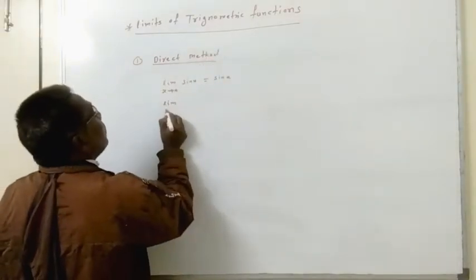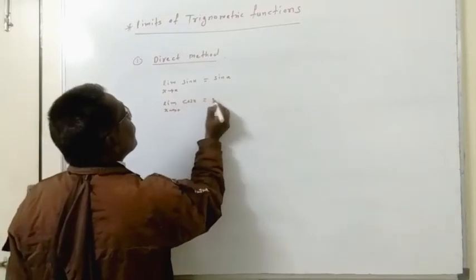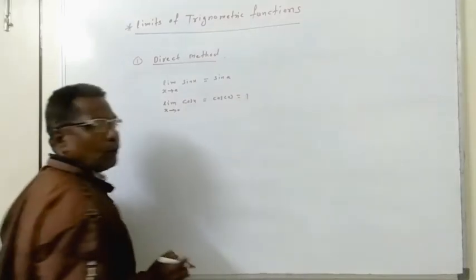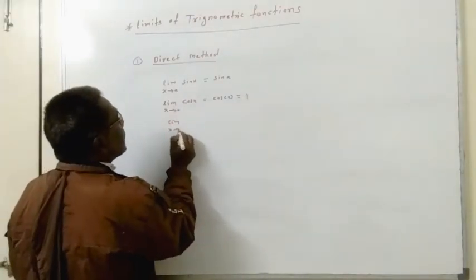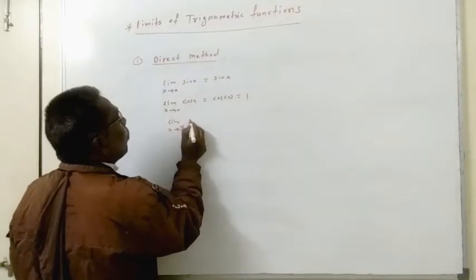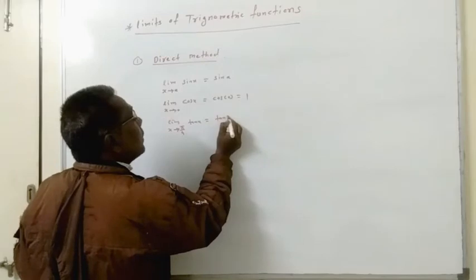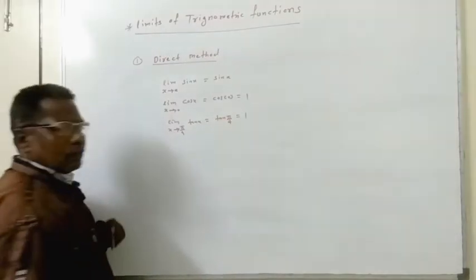Similarly, suppose limit x tends to 0 of cos x. We put x equal to 0: cos 0 is equal to 1. Limit x tends to pi by 4 of tan x: we get tan pi by 4, and that is equal to 1.